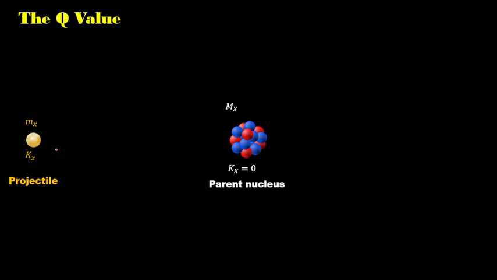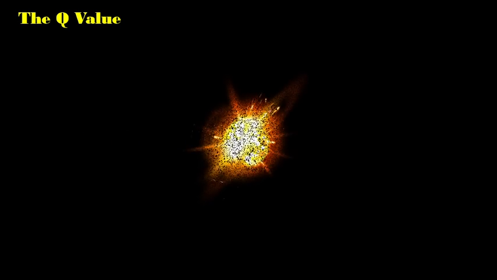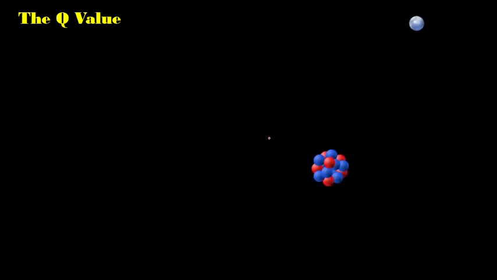And this is a particle which will travel with a very high speed and thus having a very high kinetic energy kx, and it will collide with this nucleus and certain nuclear reaction will take place. This particle collides with the nucleus and the nuclear reaction takes place, and after the nuclear reaction a new nucleus is formed.